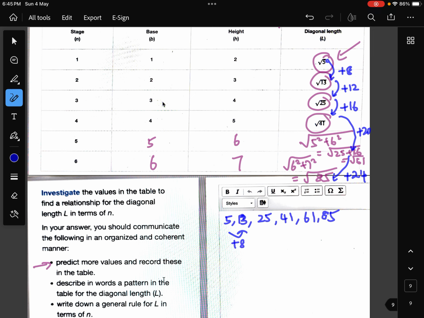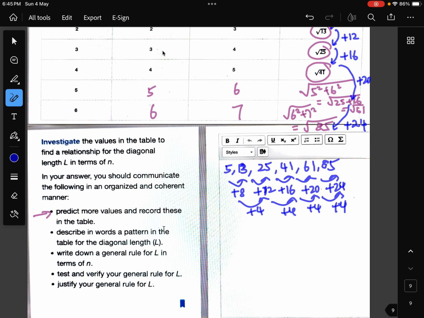Okay, so we're just going to leave the square roots out for now. So this is plus 12, this is plus 16, this is plus 20, and this is plus 24. And what you realize is that the second difference is always going to be 4. Okay, so it says describe a word in the pattern. I think we could say that the second difference is always 4.